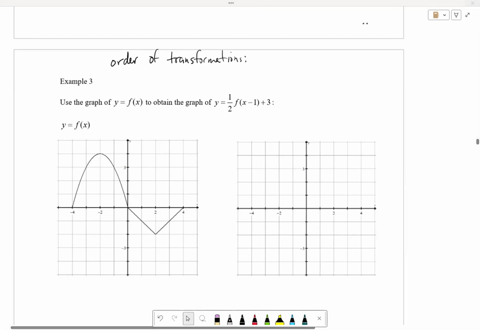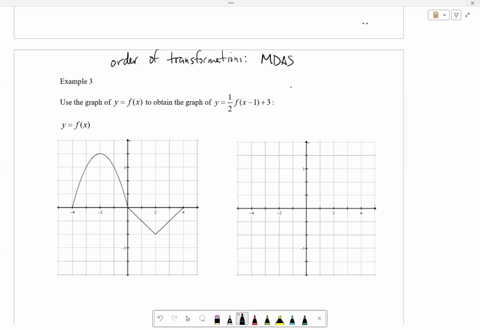Does that look familiar? Yeah, like PEMDAS, but we don't have the parentheses and the exponents.